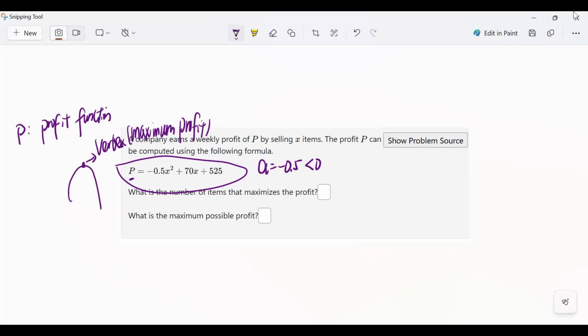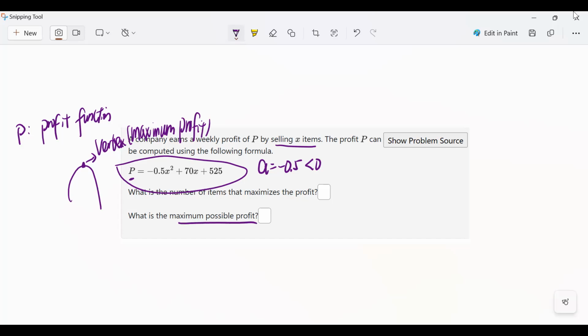They will always try to maximize the profit because they have a given function to capture the profit along the way. So in this case, they use this equation to capture the profit for selling any amount x of items. And we try to figure out what that x value would be, a concrete number for the x value. Find out what is the optimal number of items sold that can maximize the profit.